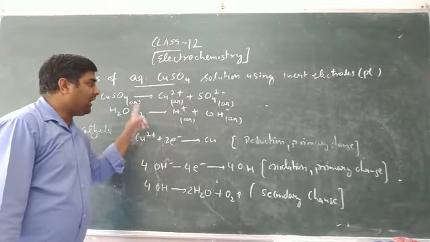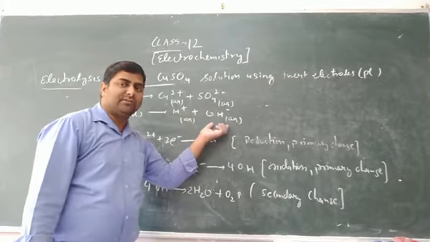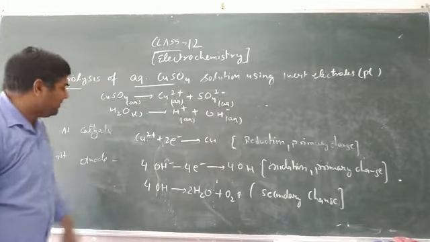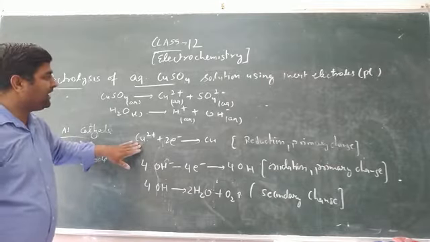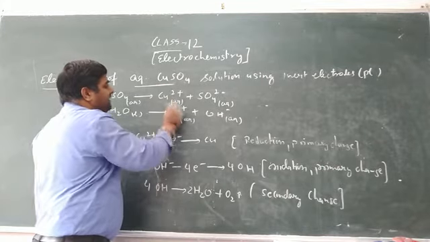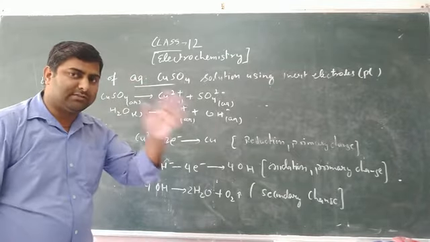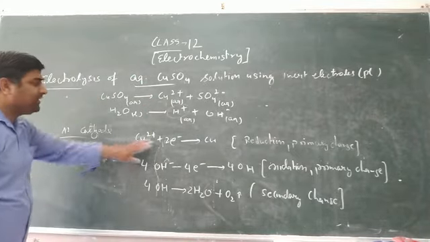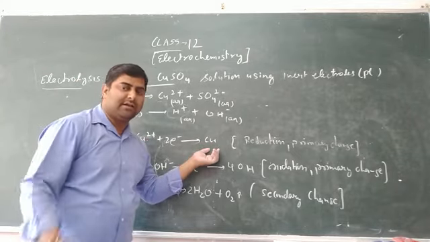Similarly, water also gets ionized, forming hydrogen ions and hydroxyl ions. Now, the reaction at the cathode: both copper ions as well as hydrogen ions move towards the cathode to gain electrons to get converted into neutral species.